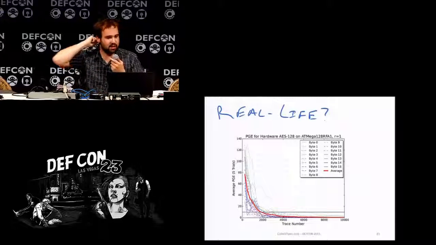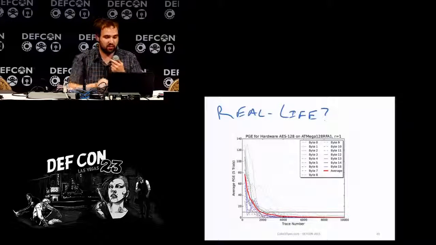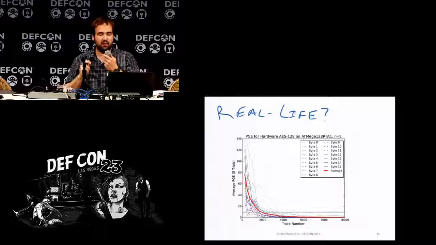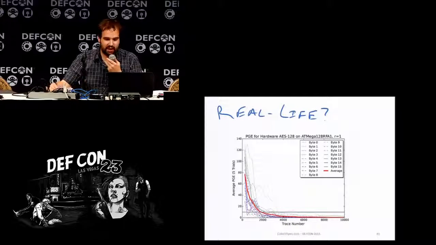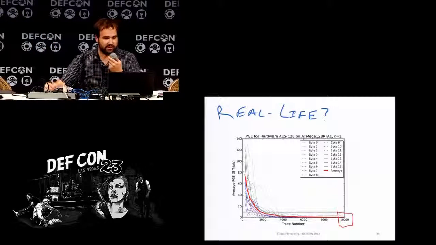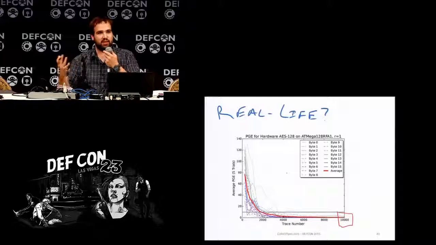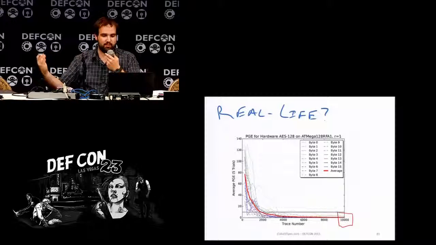But at the end of the day, if I take that hardware device, which has a hardware AES engine inside it, not a software AES implementation, we can see that after sending it about 10,000 or so packets, we can almost completely recover the AES key. I'm using a metric here called the guessing entropy, which is simply when the entropy is 0, I know the key perfectly.